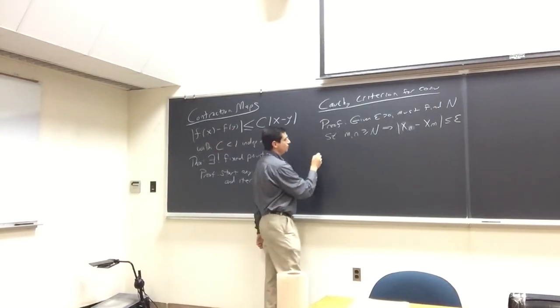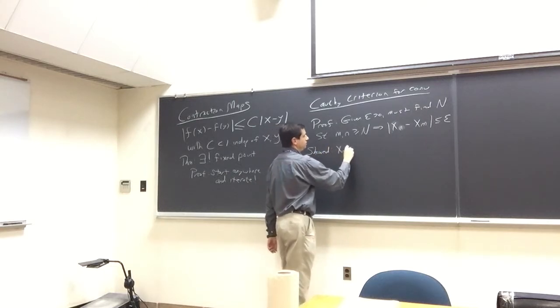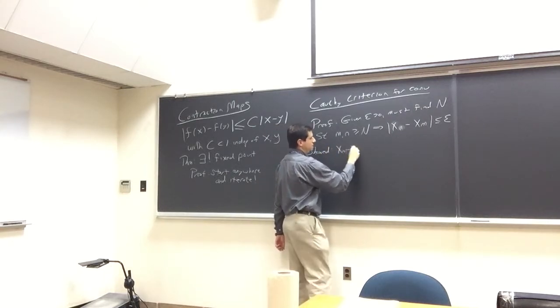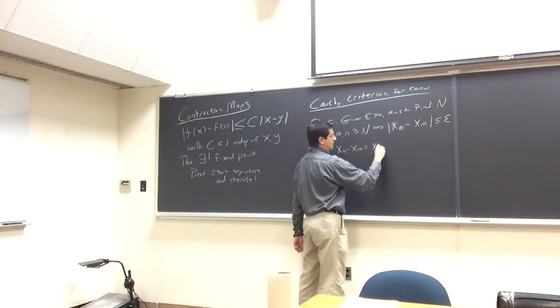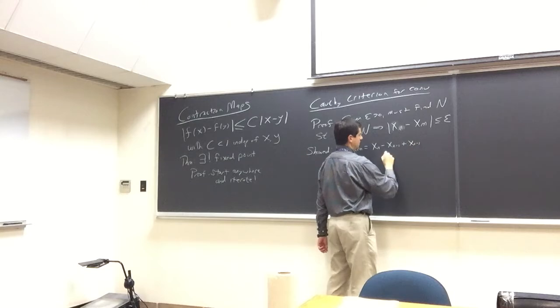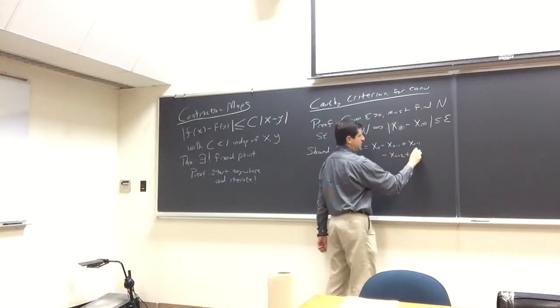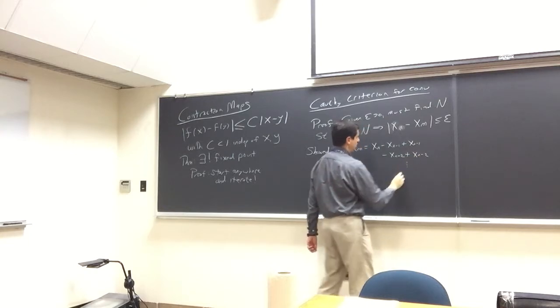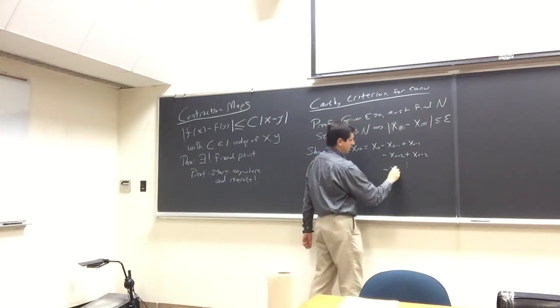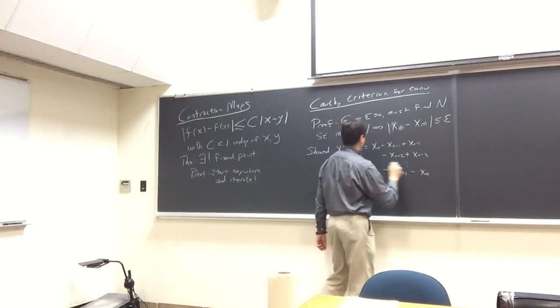Right? So we showed that we could write x_n minus x_m as x_n minus x_{n-1} plus x_{n-1} minus x_{n-2} plus x_{n-2}, and so on, down to plus x_{m+1} minus x_m.